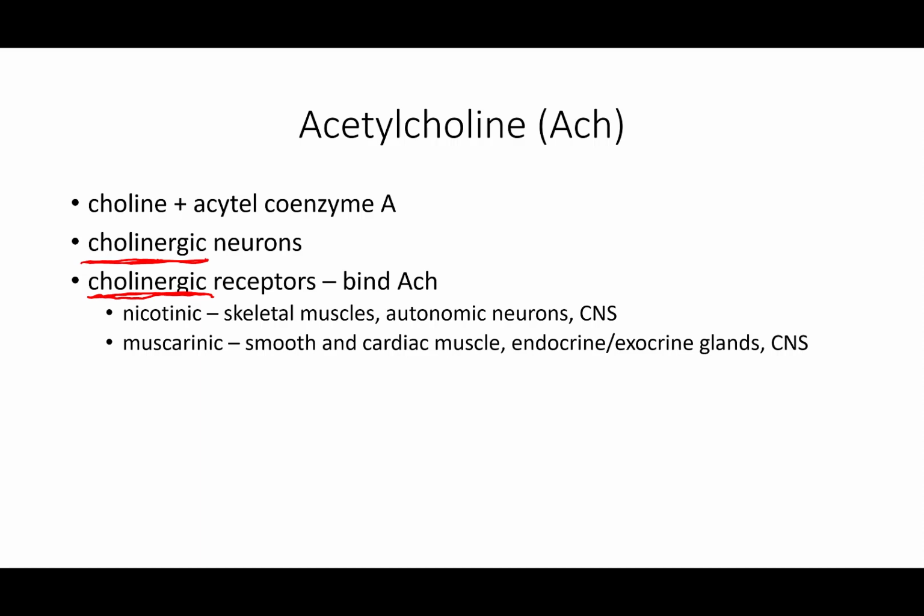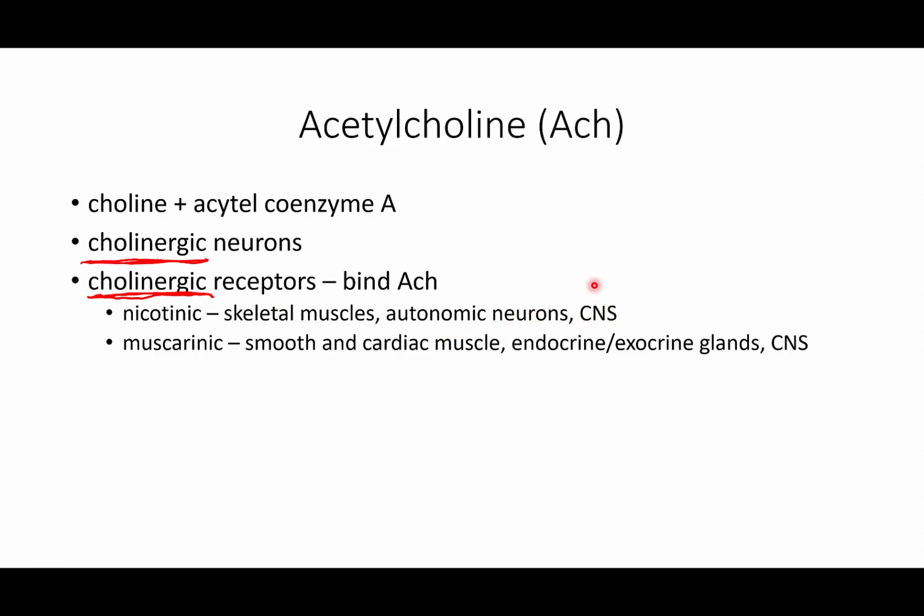There are 2 types of cholinergic receptors that we will be talking about in depth this semester. The first type is called nicotinic. It's named after an agonist, nicotine, like what's found in cigarettes. Nicotinic receptors are found in our skeletal muscles, autonomic neurons, and in the central nervous system.